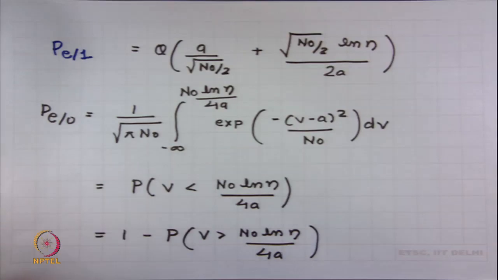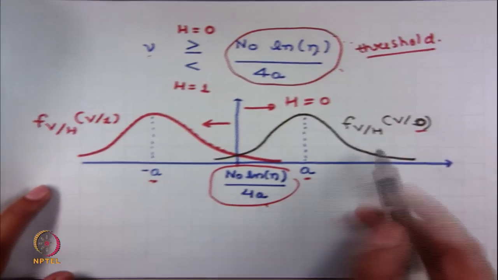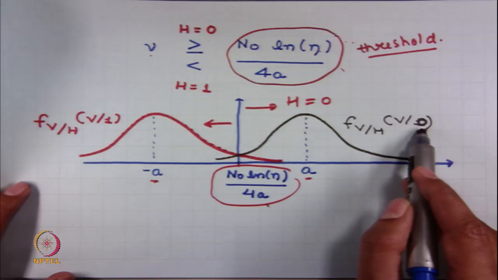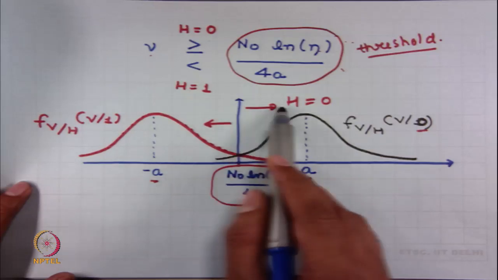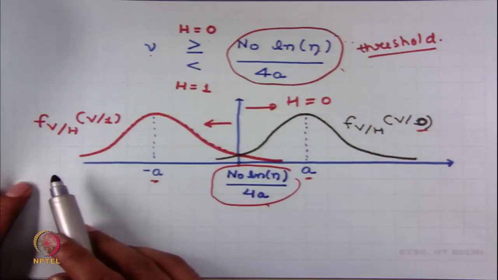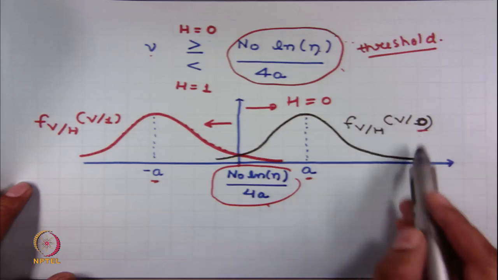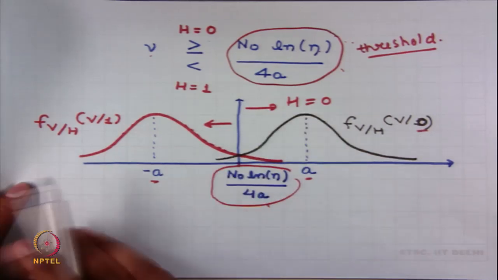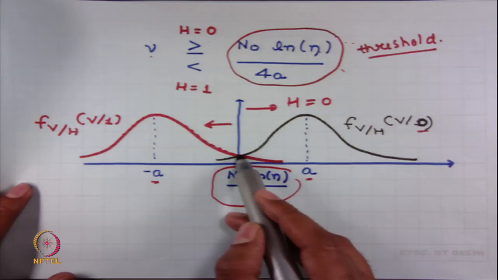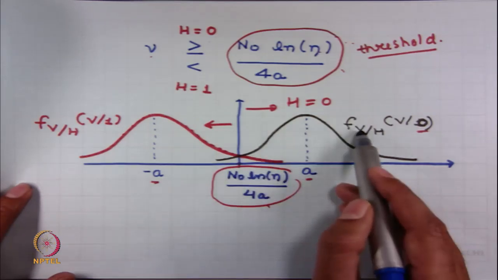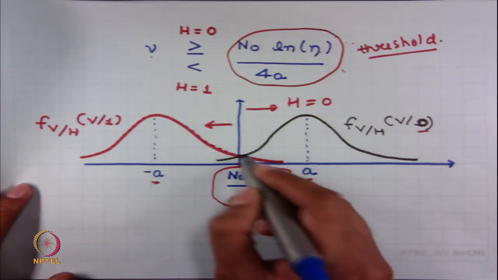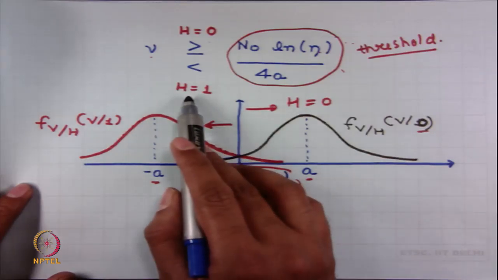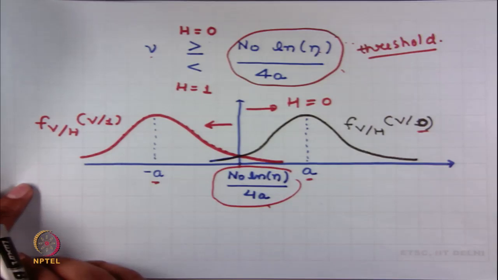Similarly, we can find the probability of error given 0. Let us assume that hypothesis 0 is transmitted. The detector should decide for hypothesis 0, but even then there is a probability that the numerical value of the random variable V is less than this threshold, and this will create an error, because if V becomes less than this, the detector will choose hypothesis 1.